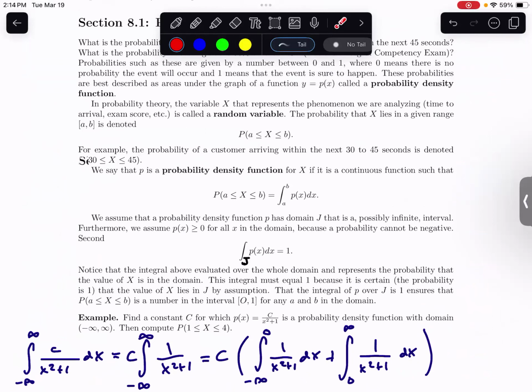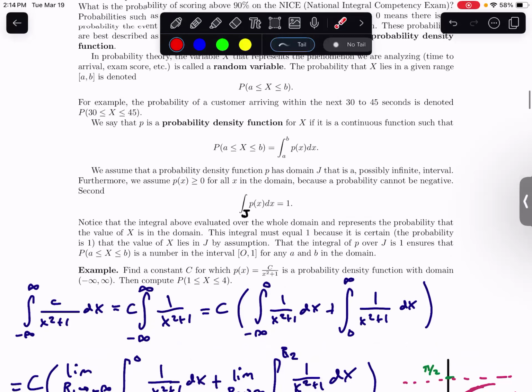What it means to have a probability density function is it's really just going to be a function p of x, such that p of x is non-negative everywhere. If you put some number into p, it's going to relate to the probability of something occurring. So every input we put into p should have a non-negative value because you can't have a negative percentage or probability.